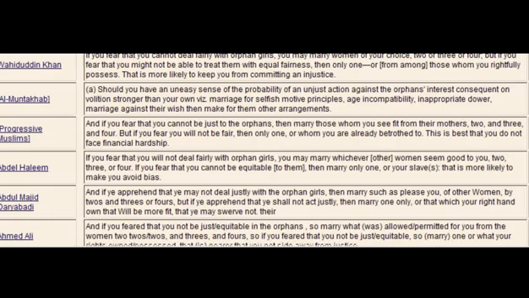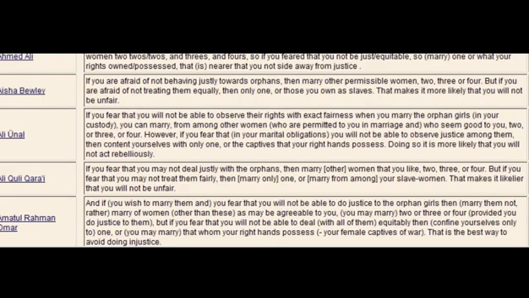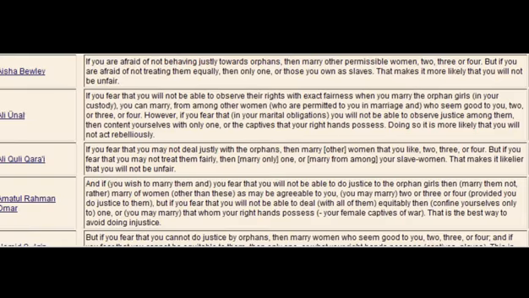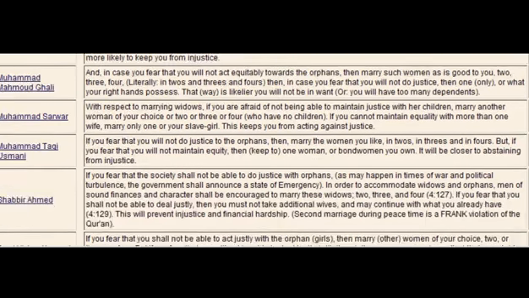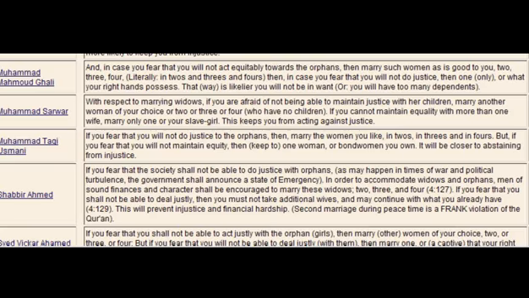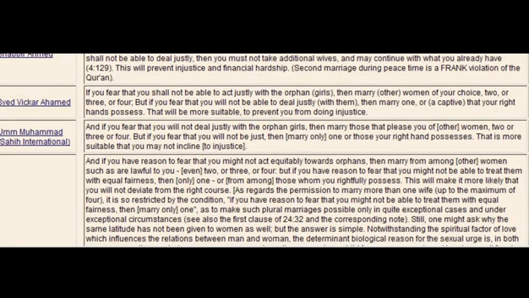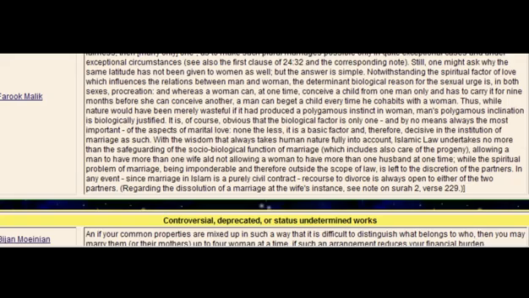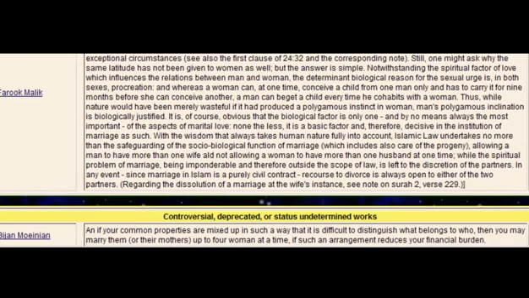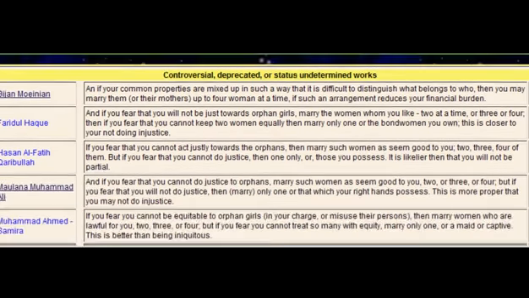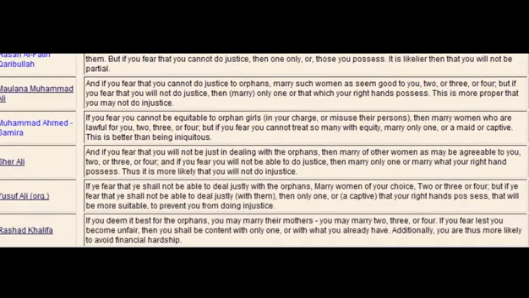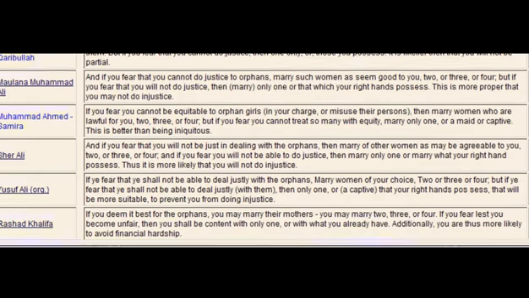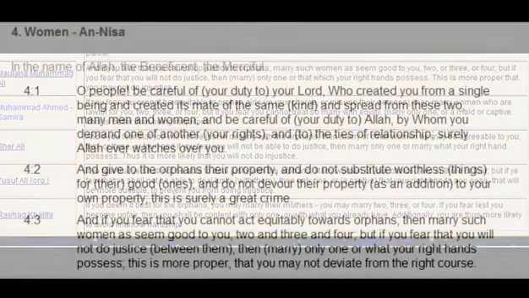So it seems that even the translators are not quite sure of how to translate it, whether they should take the literal translation or whether they should take the translation that is prescribed by Islam, and that is that you're only allowed to marry 4 women. So then it wouldn't make sense to have 2 plus 3 plus 4, which would make 9 wives. So I think it's a matter of an interpretation and not translation.